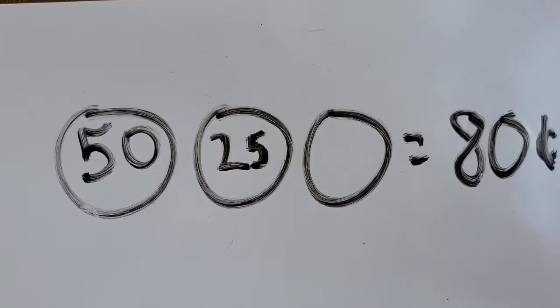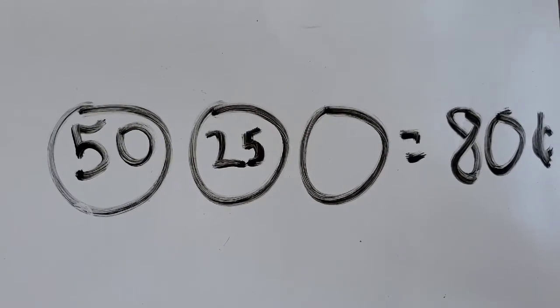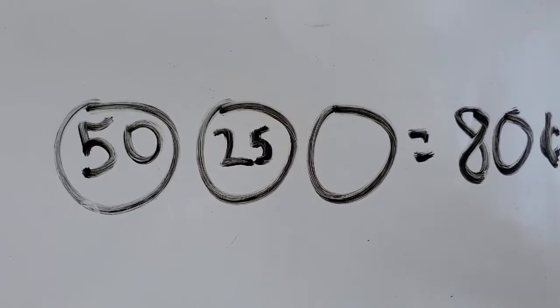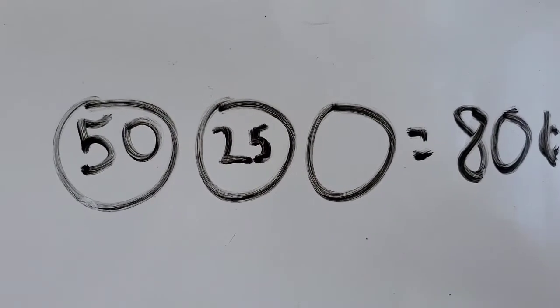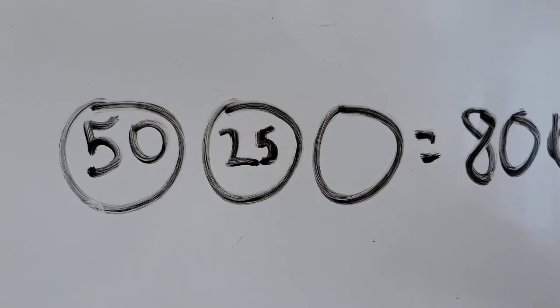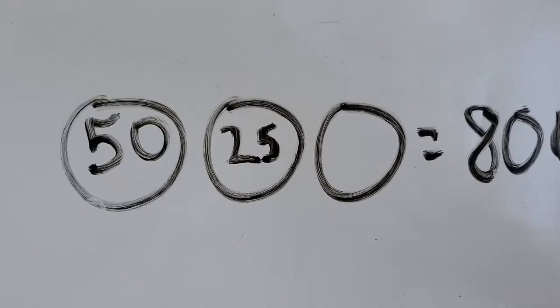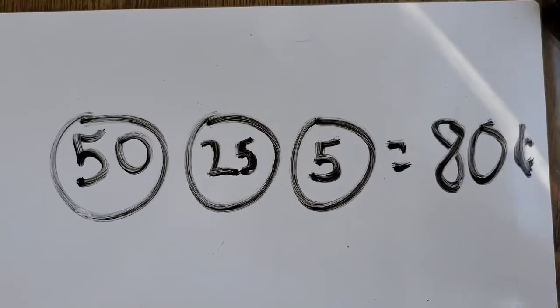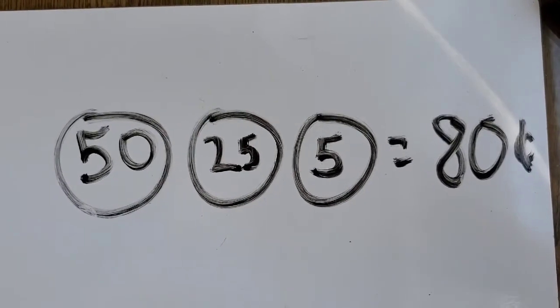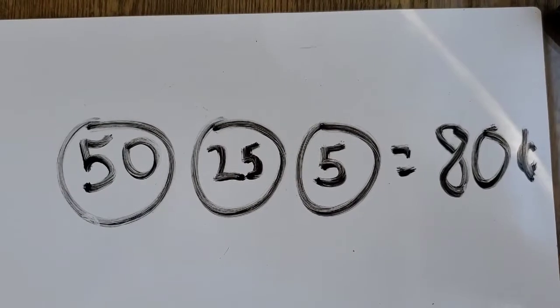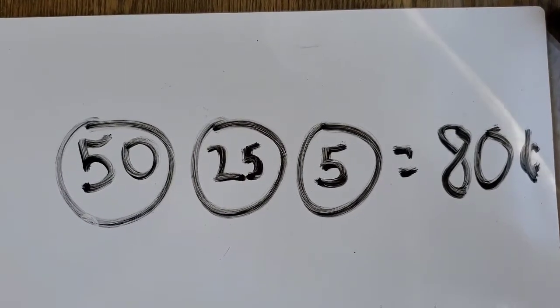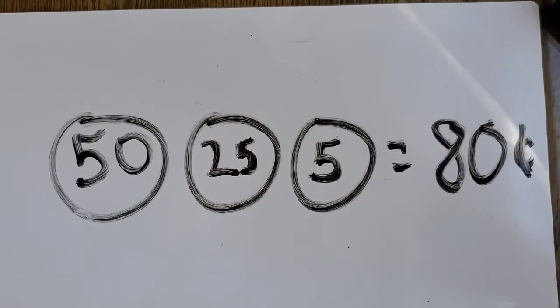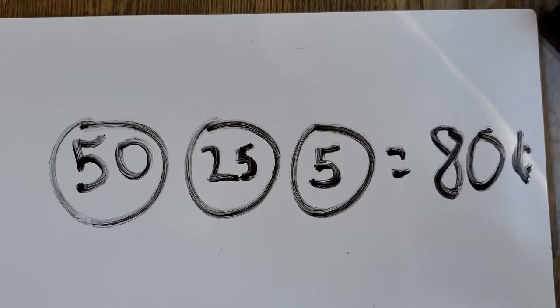To go from 75 to 80 is the skip count pattern of what? 5s. You're right. And what coin do we have that is worth 5 cents? You were right if you said the nickel. So a half dollar, quarter, nickel equals 80 cents. And that's what we did in our lesson before.